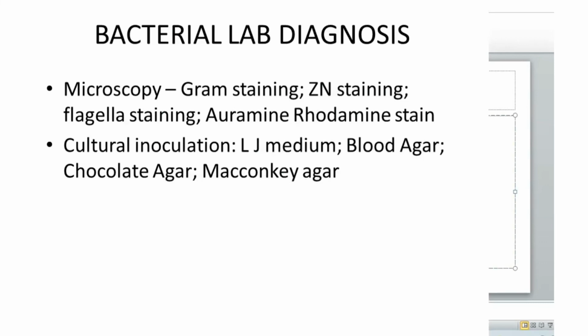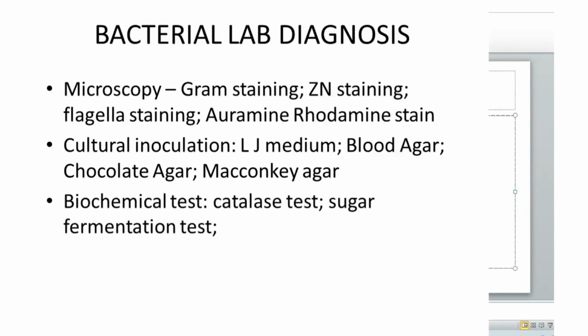For culture inoculation, you have the Lowenstein-Jensen medium for tuberculous mycobacterial species. Blood agar will bring out alpha hemolysis for Streptococcus pneumoniae, and chocolate agar will also help in the diagnosis. MacConkey may not be necessary. Biochemical tests: Staphylococci are catalase positive, streptococci are catalase negative. The sugar fermentation test will also prove very effective. PCR and sensitivity testing to know the antimicrobial susceptibility.